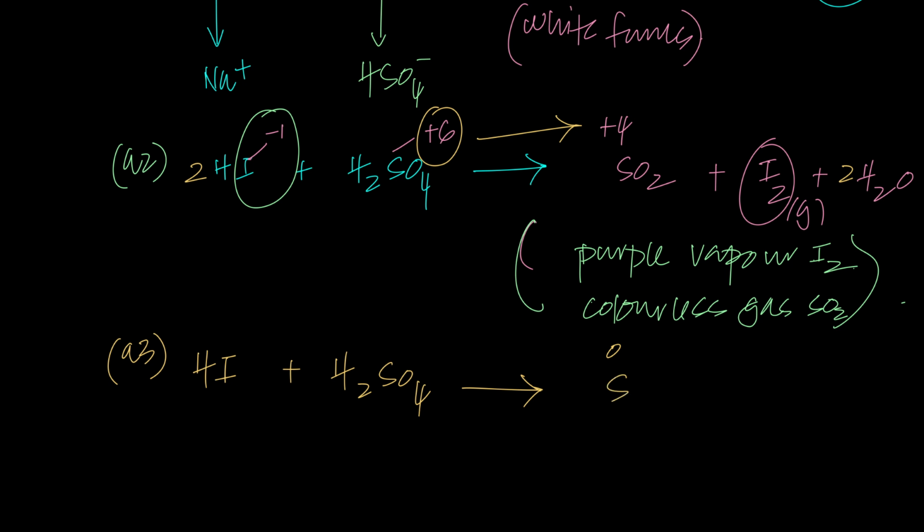S, sulfur, pure elemental state, oxidation number of 0. And again forms I2 plus H2O. I2: iodine went from -1 to 0, it is oxidized and reduced sulfur. It made sulfur go from +6 to 0 right here. And it says not even that.